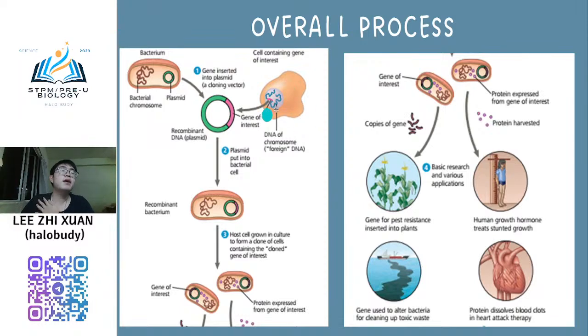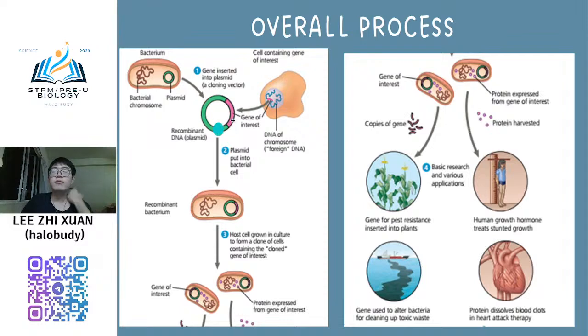So for example, kalau awak nak jadi handsome, gene yang boleh menyebabkan awak handsome, awak ambil itu gene. Lepas tu awak insert the gene into this plasmid. Okay, so this plasmid now already contains gene yang menyebabkan awak handsome.